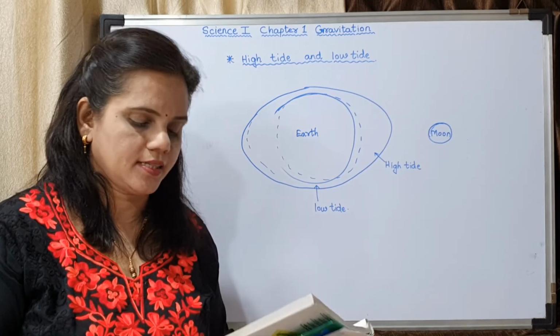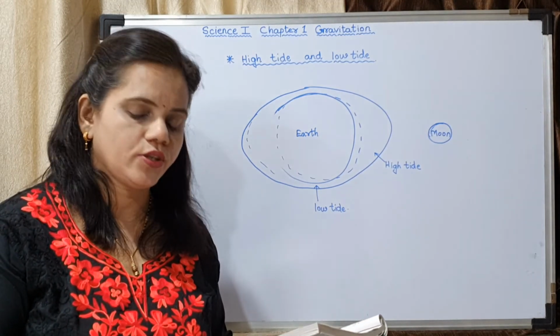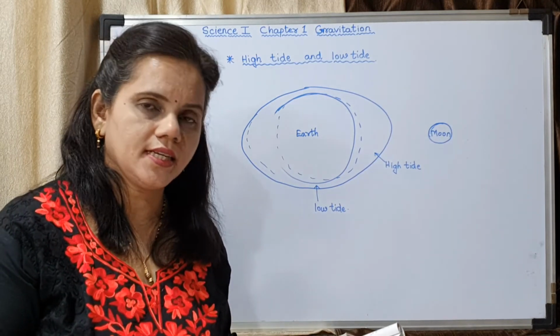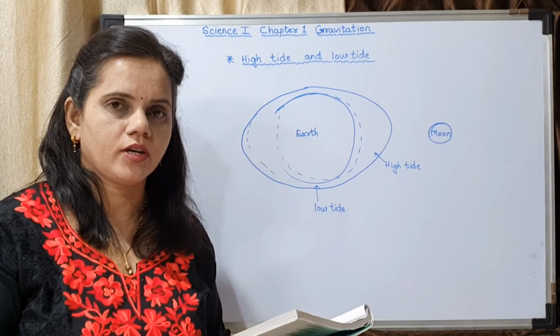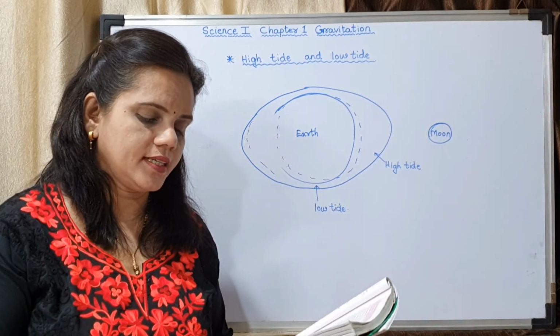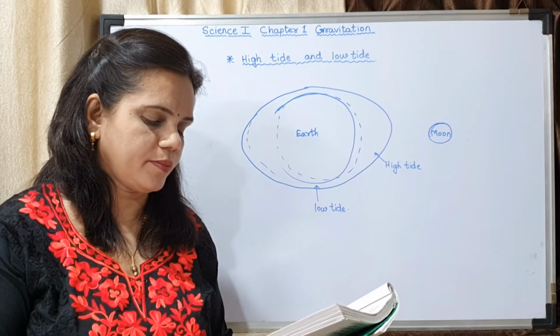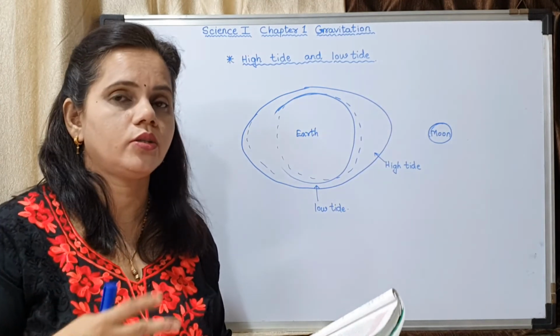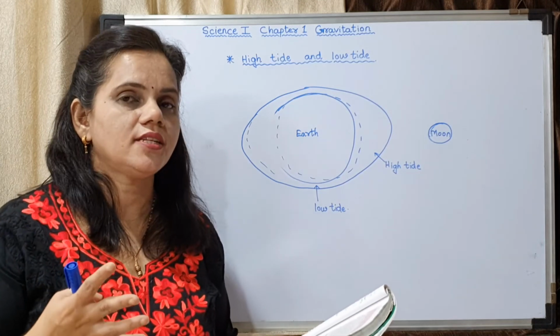You may write the answer: as the mass of the earth is too large, the acceleration caused is negligible. Now below that, the last sentence: the earth attracts them towards itself, but unlike a falling apple, they do not fall on the earth. What do not fall on the earth? Artificial satellites.